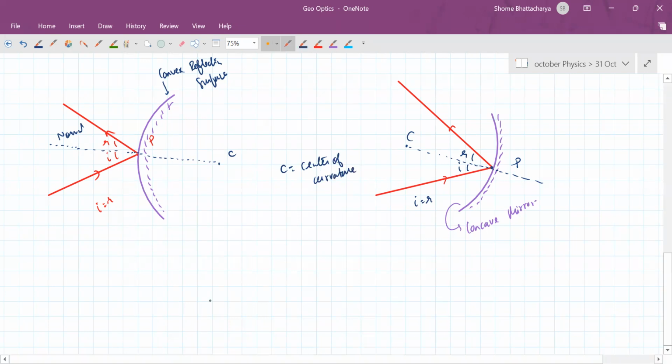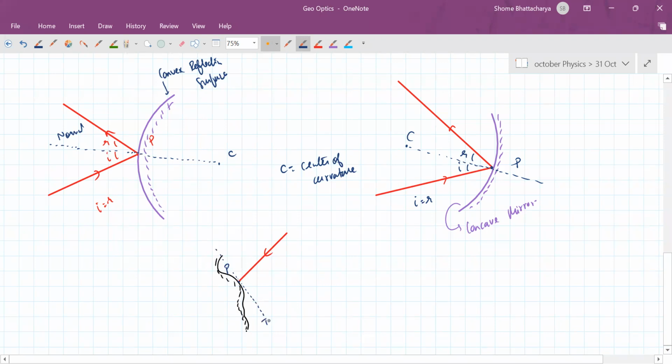Okay. And finally, if we have, let's say, some random shape of a reflecting surface, and we have some incidence like this, then what we have to do in such a situation geometrically to understand where the reflected ray will lie is that at the point of incidence we have to first draw a tangent to the reflecting surface.